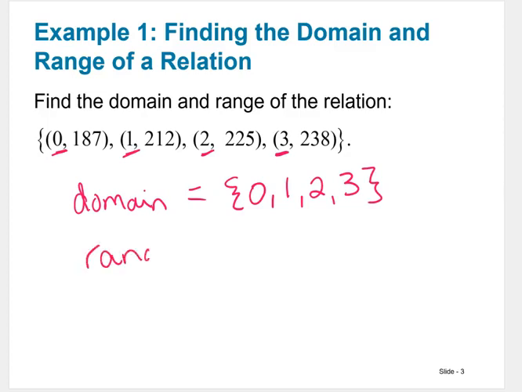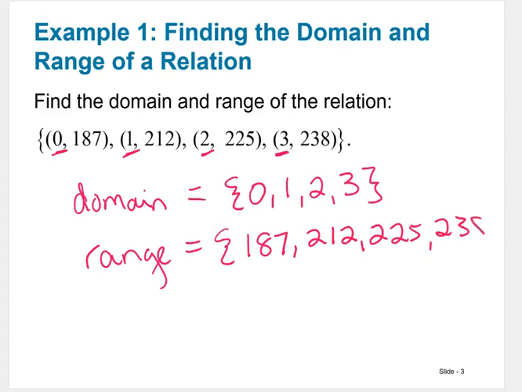Same thing for the range. Notice each of the values is unique, and so I'm just going to go from smallest to largest. Those little squiggly brackets, again, they just mean that's my set. So my domain is this set of numbers, my range is this set of numbers.